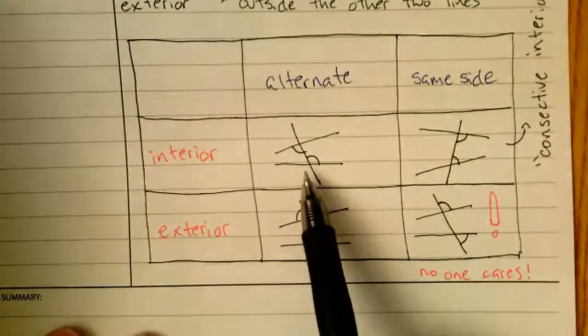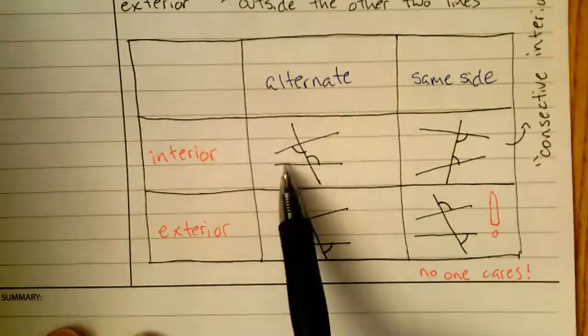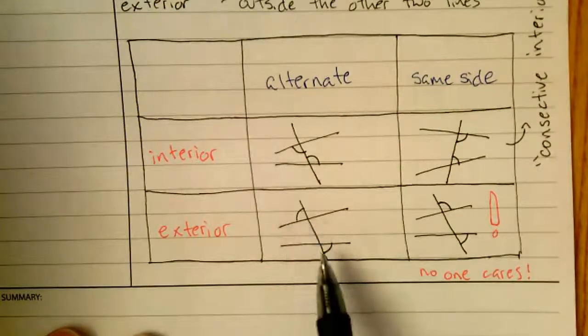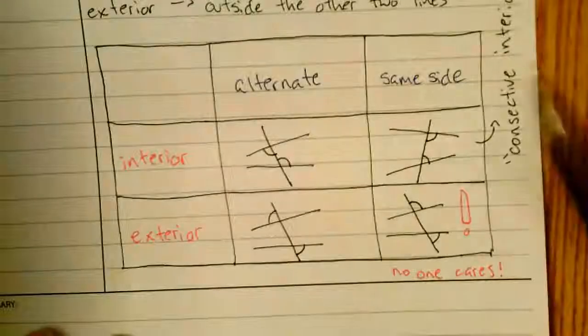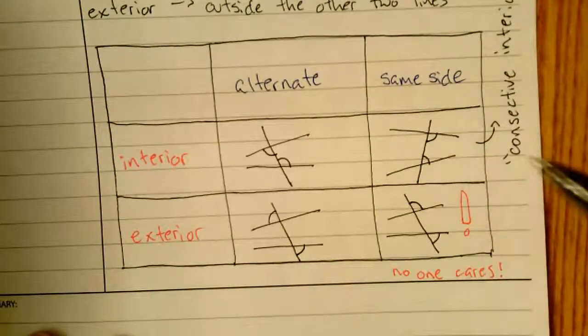So, again, alternate interior: opposite sides of the transversal and in between the two lines. Alternate exterior: opposite sides of the transversal and outside. Same side interior: same side of the transversal, in between the two parallel lines.